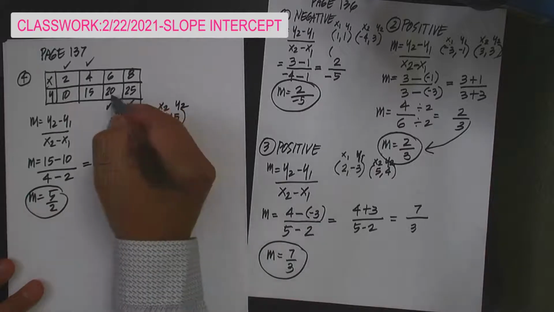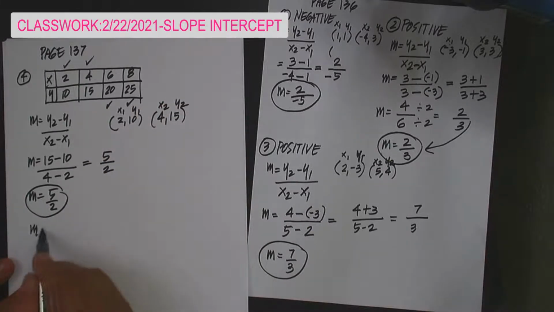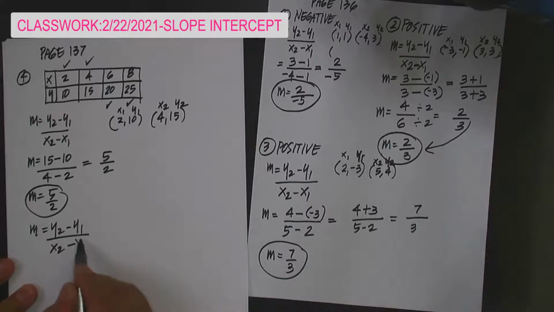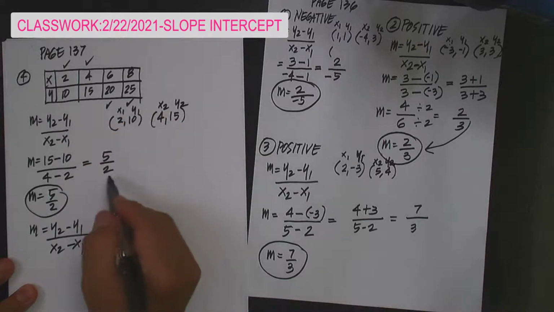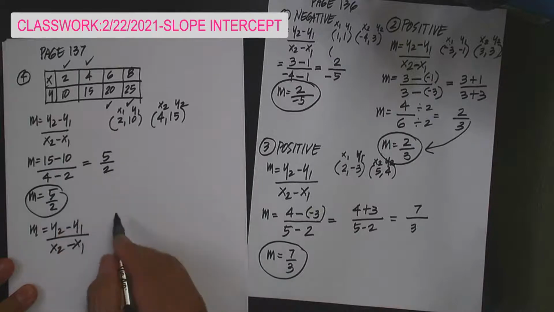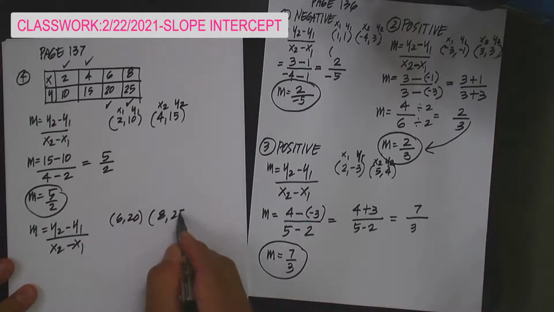Now, if I'm going to pick these other points, let's check. m equals y sub 2 minus y sub 1 over x sub 2 minus x sub 1. I'm going to pick these two coordinates, and let's find out if they have the same value of slope. First coordinate, you have 6 and 20. Second coordinate, you have 8 and 25.